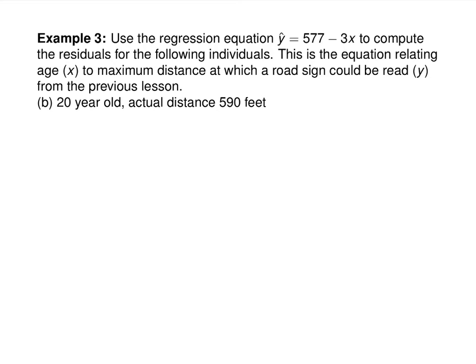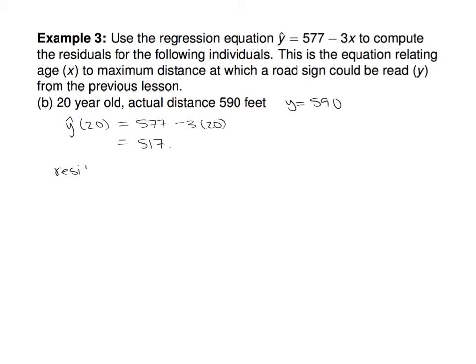Now for a 20-year-old, the actual distance they can see is 590 feet. Tells us that y is 590. And to find y hat, this time we input 20. So we have 577 minus 3 times 20, which is 60, and gives us 517.